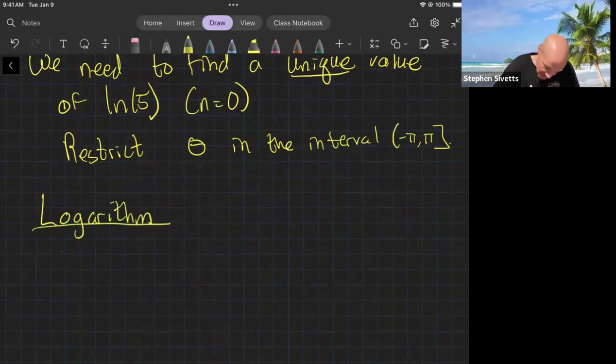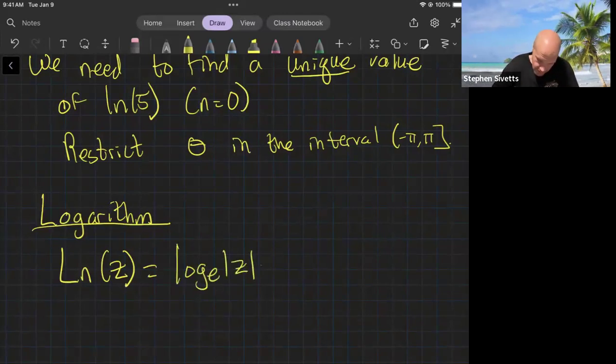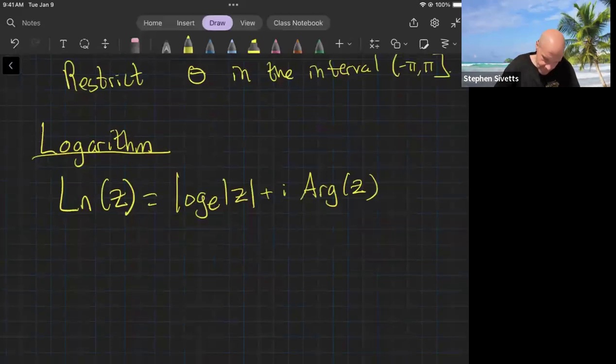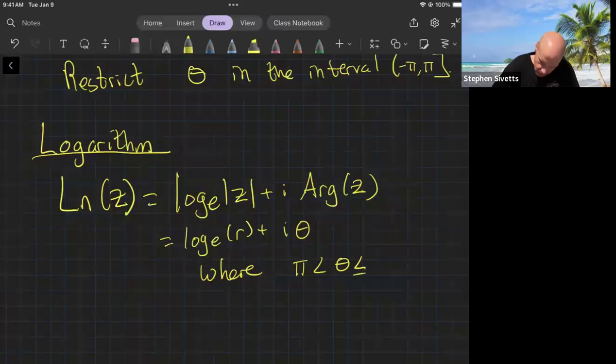And they label this as capital Ln of z. So this equals log base e of the modulus of z, or the radius, plus i times capital Arg of z, where theta is in between minus pi and pi.